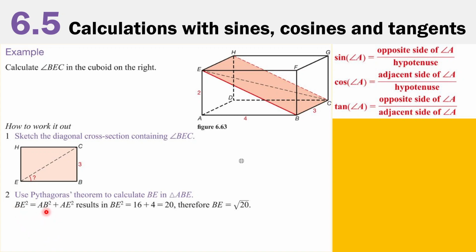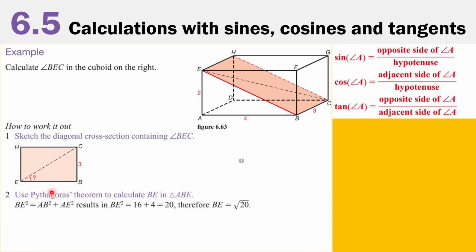We are maybe a bit more used to the other way around, right? Then we say AB squared plus AE squared is BE squared. Of course, it's the same. AB squared is 4 squared, that's 16. 2 squared is 4, so BE squared is 20, therefore BE is the root of 20. And now I know the actual length of BE.